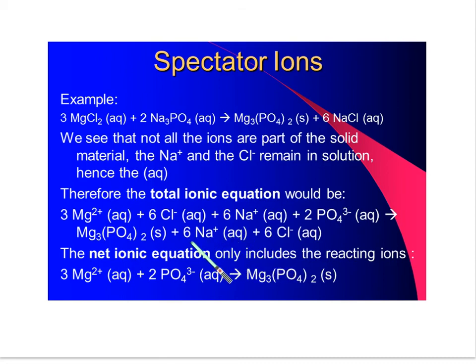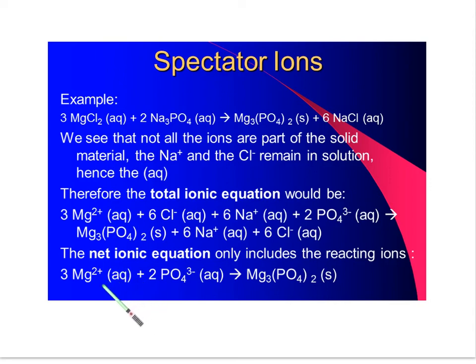If we take a look at these on the product side, and we take a look at the same things on the reactant side, we see that there hasn't been any change to the Cl- or the Na+. And so effectively you can cancel those out from each side. And that's what is represented in the net ionic equation: the spectator ions are omitted because, as I mentioned before, there's no change involving those ions, and so they don't really need to be represented.